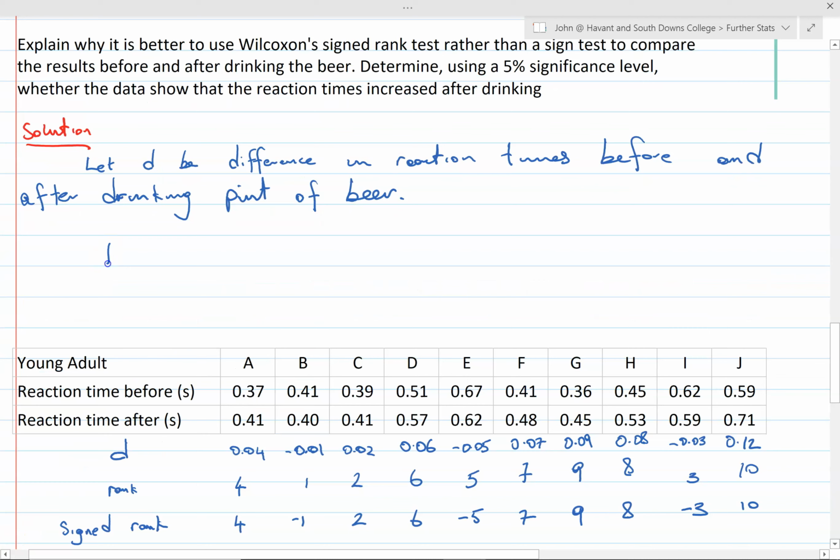So the null hypothesis is that MD equals 0, where MD is the median of D, and we've defined what D is before, so it's fine. And then we've got H1, and it's talked about it increasing again, so MD is greater than 0 is our alternative hypothesis.